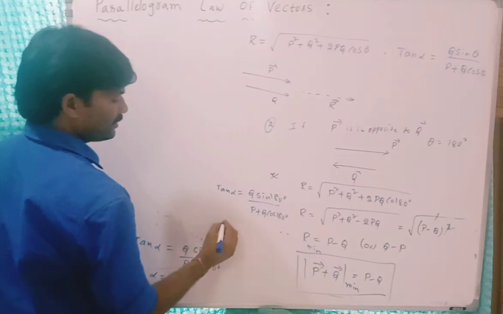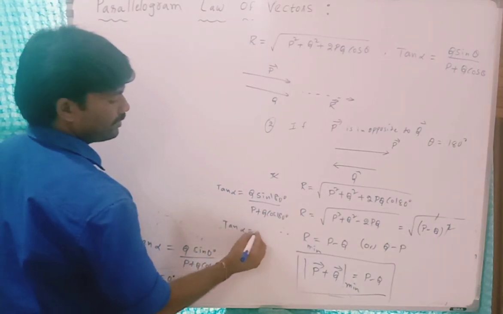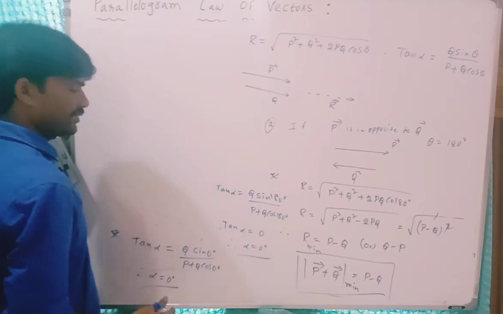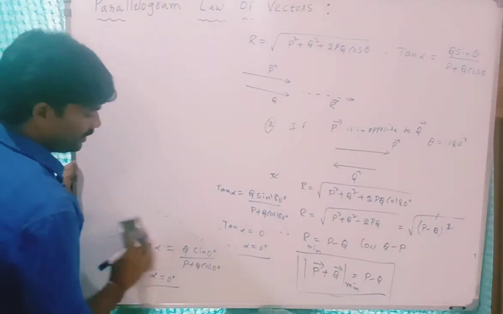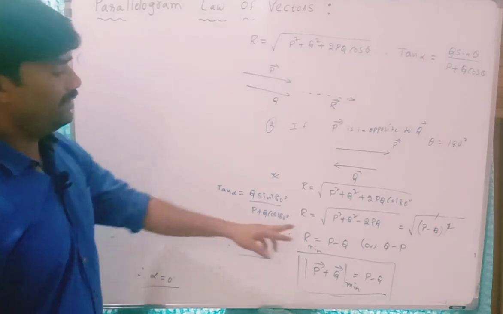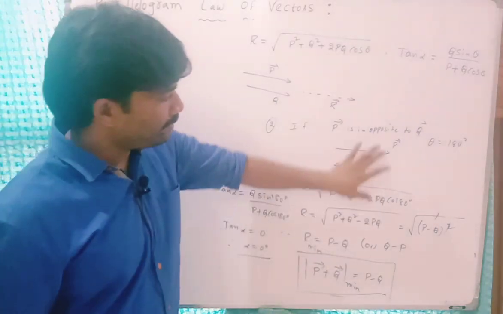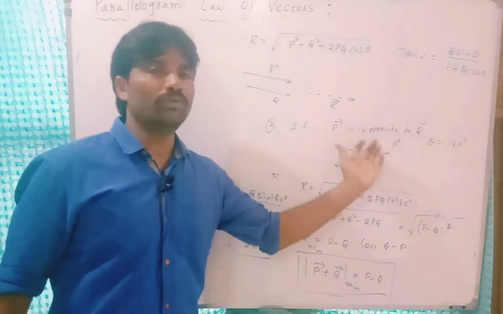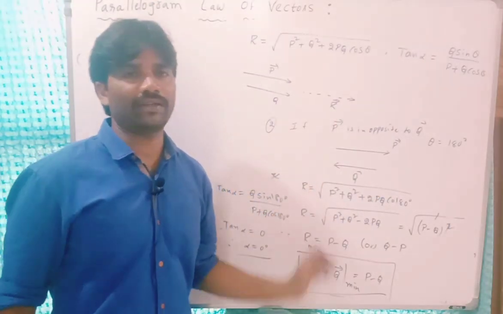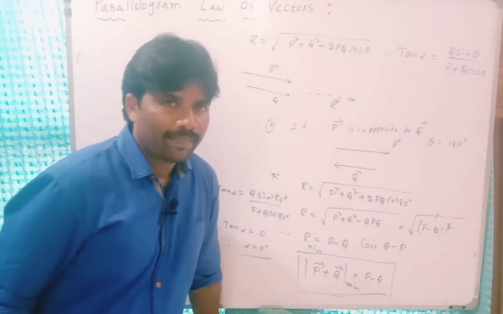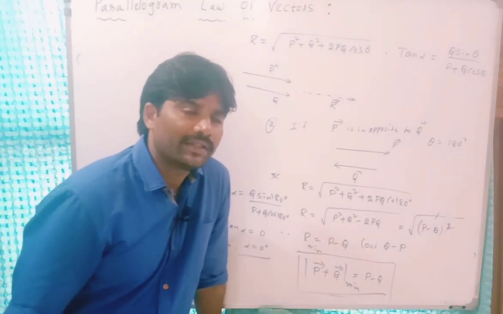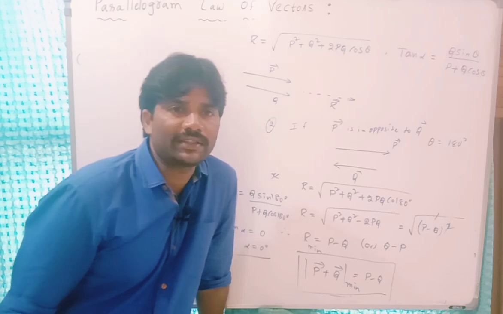Sin 180 is also 0, so tan alpha equals 0, alpha equals 0, meaning it is also in the direction of p vector if p is greater than q. Otherwise, if q is greater, the resultant is always in the direction of the larger vector, you should remember. So if two vectors are opposite in direction, the resultant is in the direction of the larger vector.